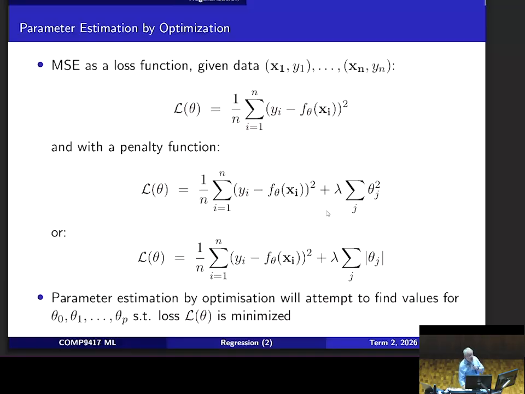But if it starts to get big, the theta I picked to minimize my error is maybe not a good theta for generalizing. So I'm going to go for another theta that maybe is not the absolute best in terms of error, but doesn't cause quite as large a penalty.